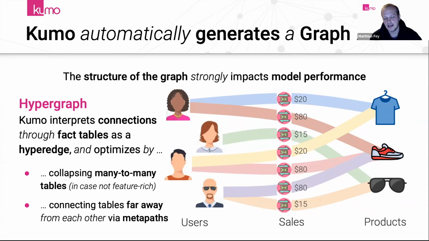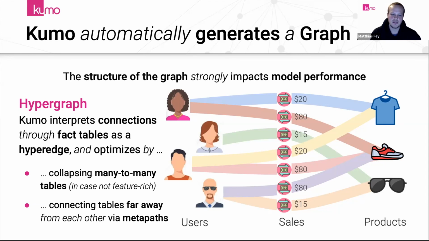query. And it's really important to know that the structure of the graph has one of the strongest impacts on model performance, because you want to ensure that it maps to the message passing paradigm of GNNs super closely. And what we find especially successful in Kumo is interpreting the Kumo graph as a hypergraph.